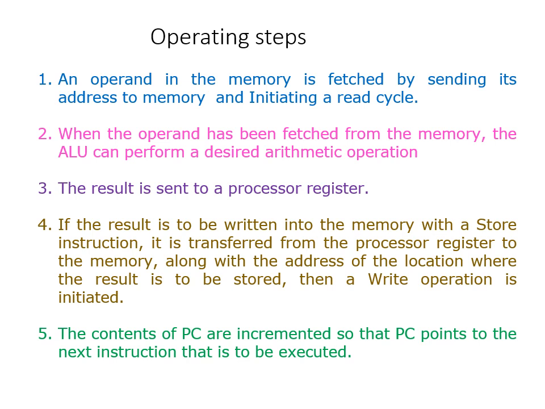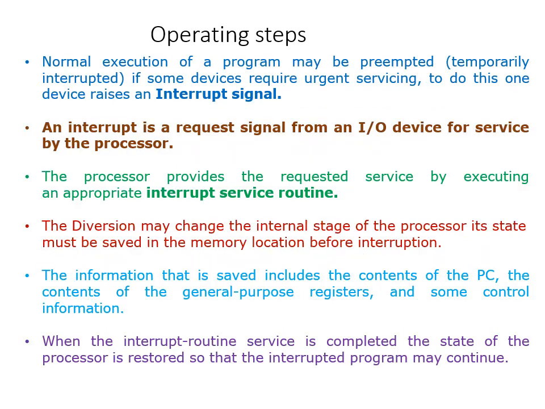Then the result is sent to the processor register. There, the result is written into memory with a store instruction. It is transferred from the processor register to the memory along with the address of the location where the result is to be stored, with the write operation initiated. Then the content of the PC is incremented to the next instruction when the current instruction has finished.